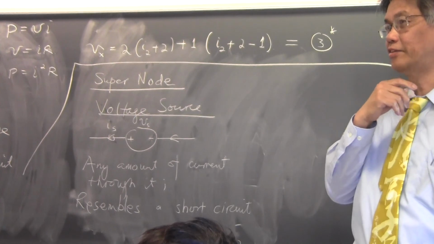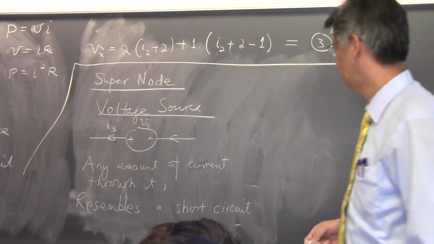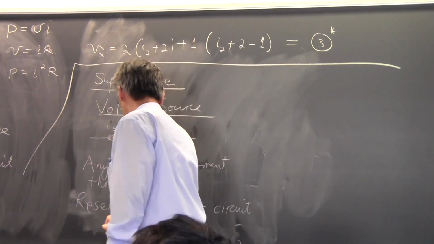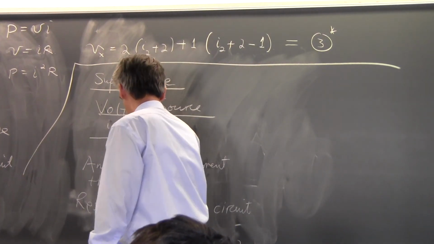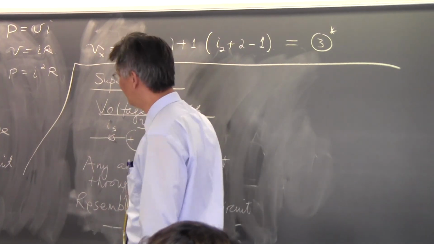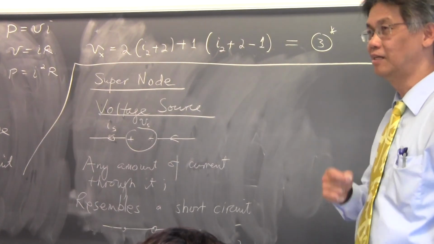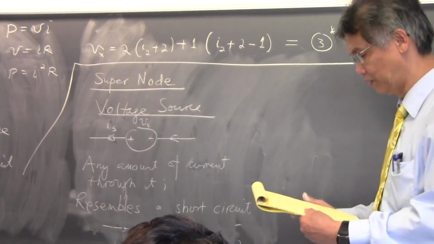So it behaves almost like a short circuit, but there's always a voltage drop when you go from here to here. Not exactly like a short circuit, but it behaves like a short circuit because it can pass any amount of current through it.